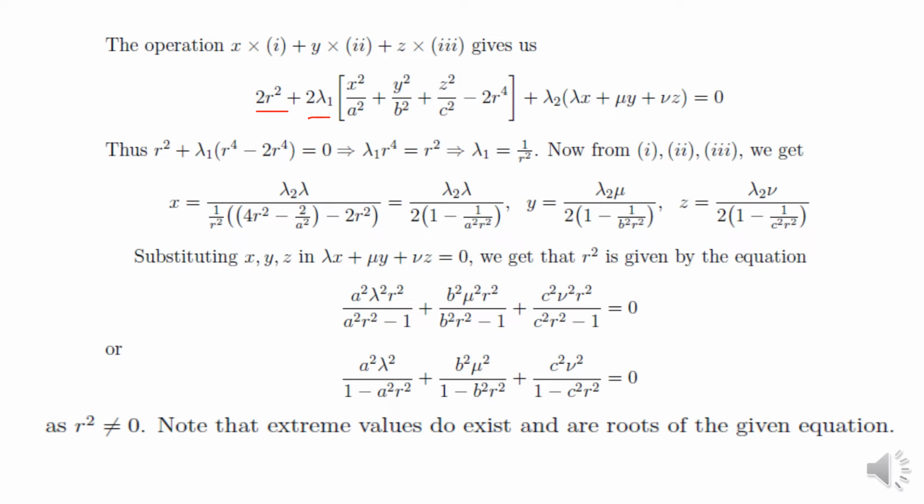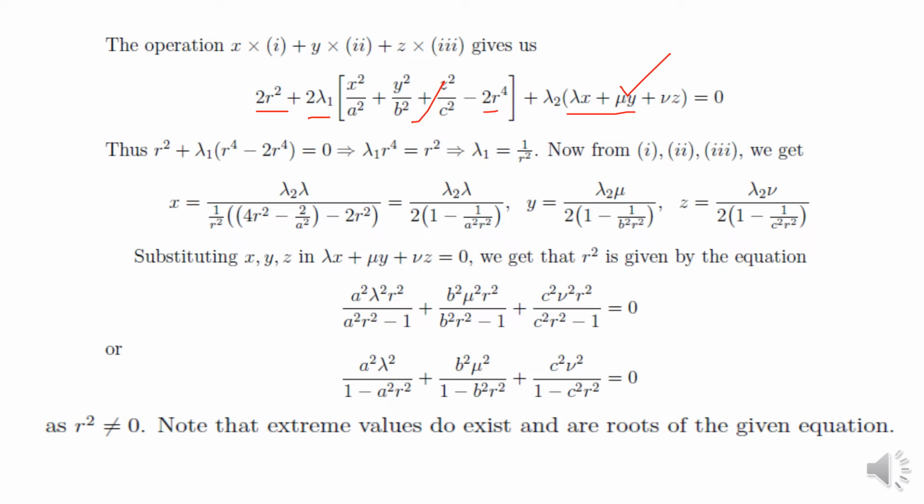This gives 2 lambda 1 times x square upon a square plus y square upon b square plus z square upon c square, minus twice of r to the power 4. And the third term gives plus lambda 2 times this. These two terms we solve with the help of the two constraints, the two equations given in the question. So lambda 2 is multiplied by 0 because it is 0.